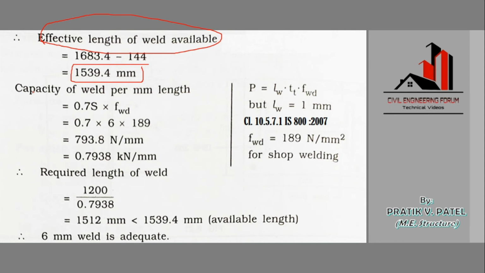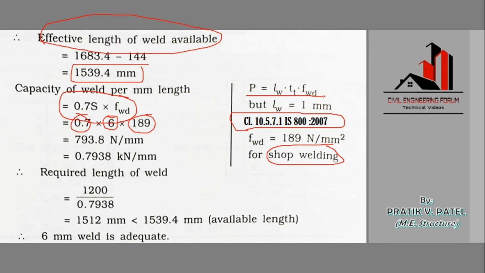Now in order to identify the capacity of weld per mm length, we have formula 0.7 into S into FWD, where 0.7 into S is size of the weld 6 and FWD is 189 because it is shop welding. As we had discussed in welded connection, everything is given in clause 10.5.7.1 IS 800/2007, considering P LW into throat thickness into FWD, where LW is 1 mm because we are only calculating for per mm.